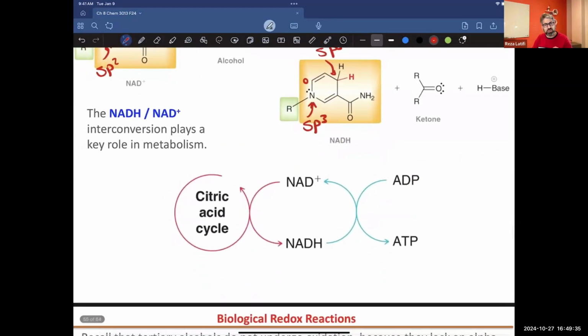And this cycle is really important in the citric acid cycle or Krebs cycle, or when it comes to the respiration reaction. And in the citric acid cycle, at the end, we will make ATP, or we will make energy. How?